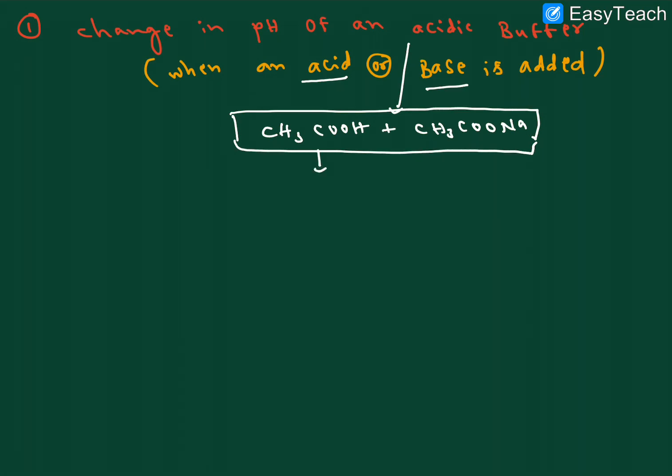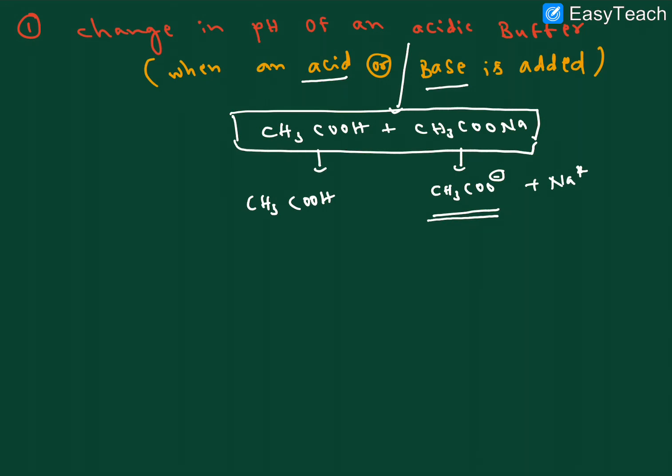We have already discussed a lot of examples, so we are taking the simplest example here. Acetic acid is there, right? Acetate ion is there, plus Na plus, right? Why is the acetate ion there?